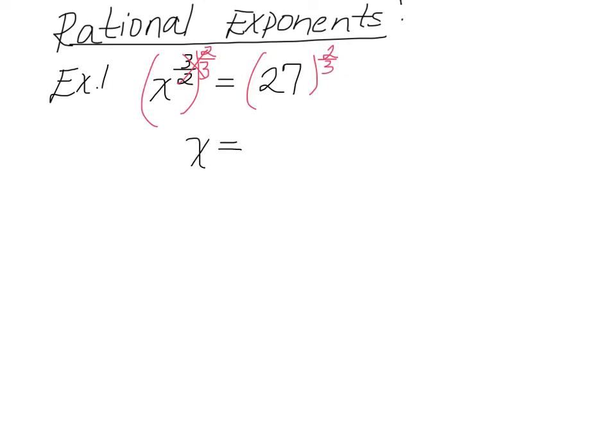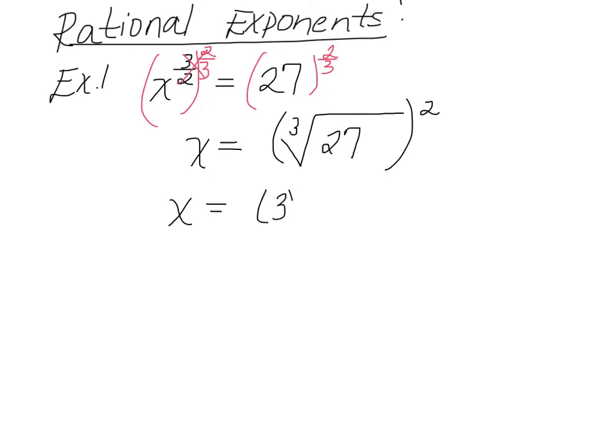And remember, that means we're going to change it back to a radical. 27 is your base, 3 is your root, and you're raising it to the second power. Because it's odd, you don't need plus or minus. So the cube root of 27 is 3, and 3 squared is 9.